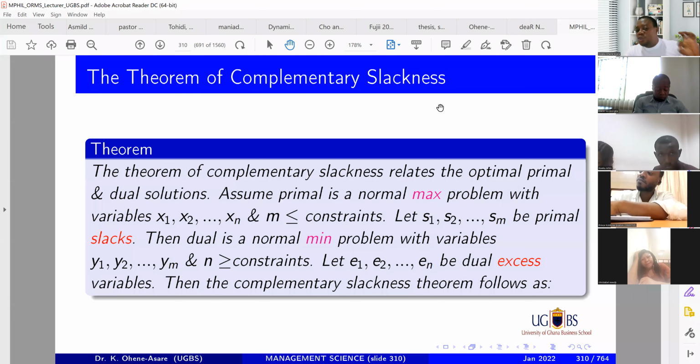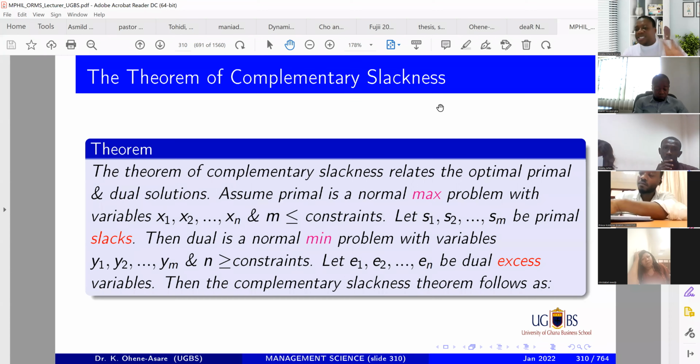In that case, the dual will be a normal minimization problem with the variables y, with greater-than-or-equal-to the right-hand side of the constraint. And so we can also create what? Surpluses, you might call them, or excess variables for the dual, and we'll call them E1 to En.